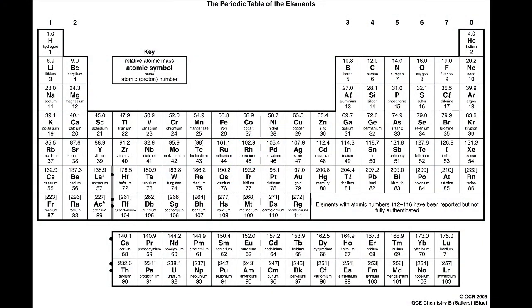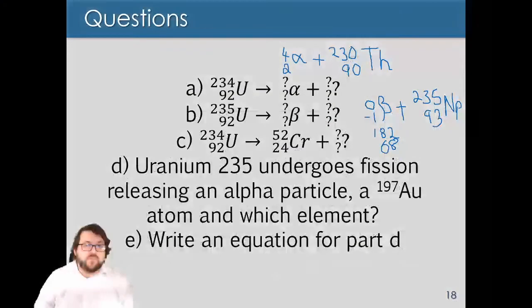Yes, 182. The proton number 92 minus 24 is going to be 68. Yes, 68. Lovely. And then we pop to our periodic table. 68 is europium. Europium.